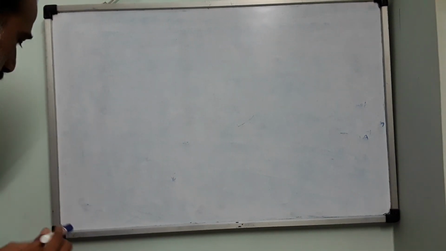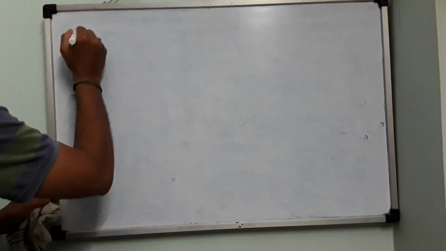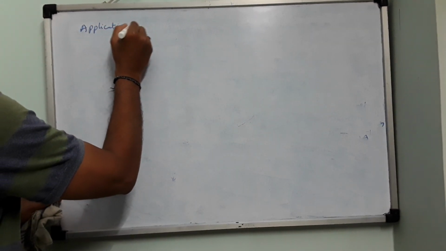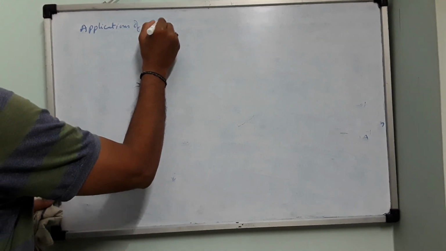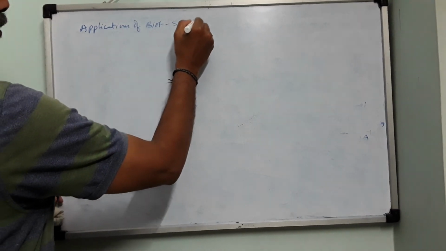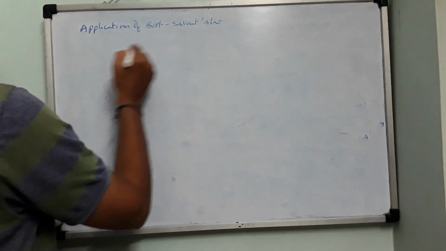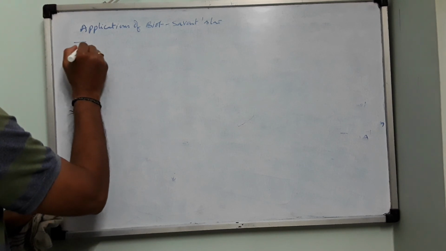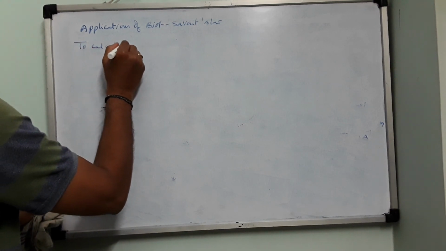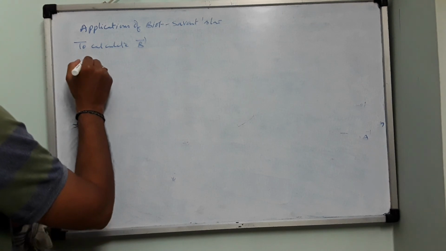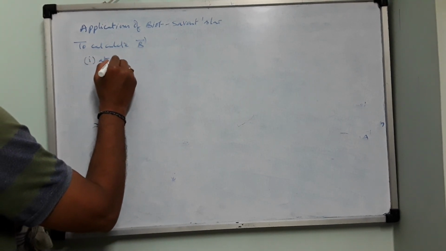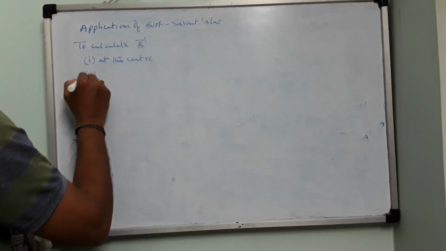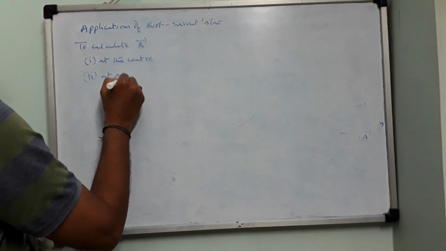Applications of Biot-Savart's law: to calculate the magnetic field, point number one, at the center; number two, at any point on the axial line.